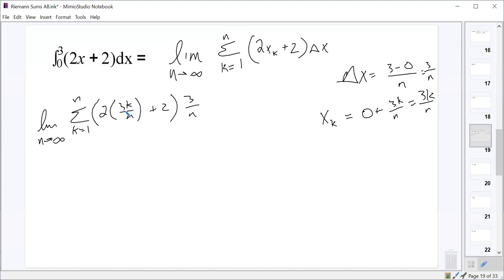And if we multiply 6k over n by 3 over n, what's that going to give us? That ought to be 18k over n squared, and then plus 6 over n. Everybody good there or no? Yeah. Okay.